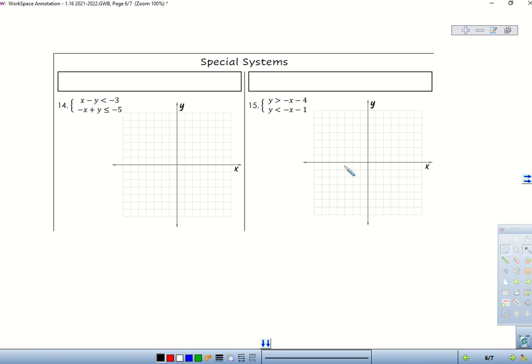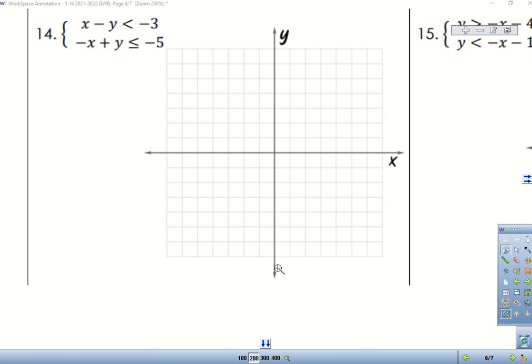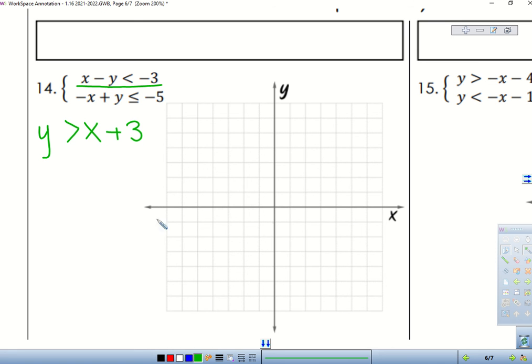Alright. So now we're going to talk about two types of special systems. The first one is going to simplify to give me y is greater than x plus 3. And the second one is going to simplify to give me y is less than or equal to x minus 5.